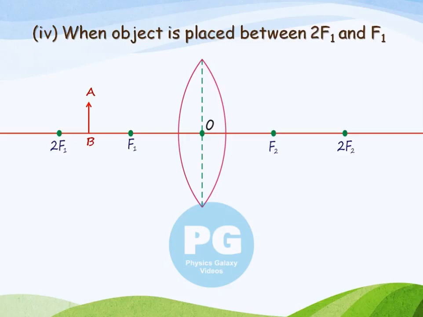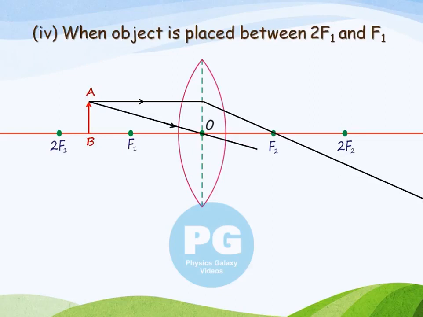We take the first ray from point A as parallel to principal axis, and after refraction it will pass through the principal focus on the other side of the lens, that is f2. Now, the second ray passes through optical center. It will go undeviated, and it actually meets the first refracted ray at this point.